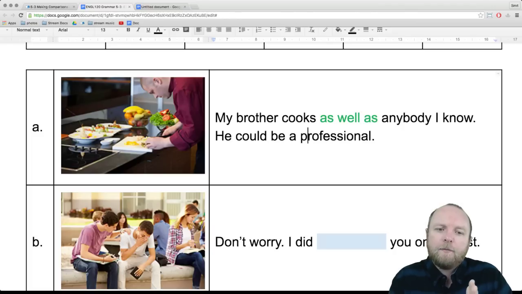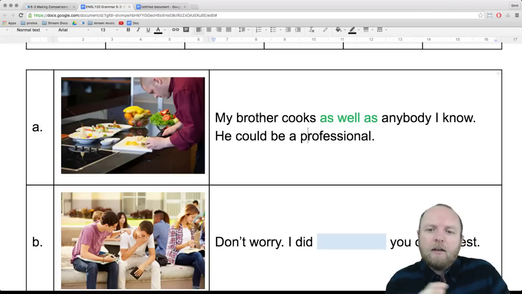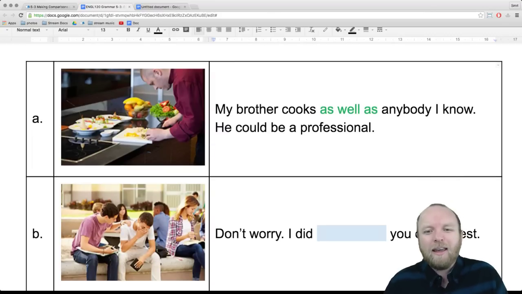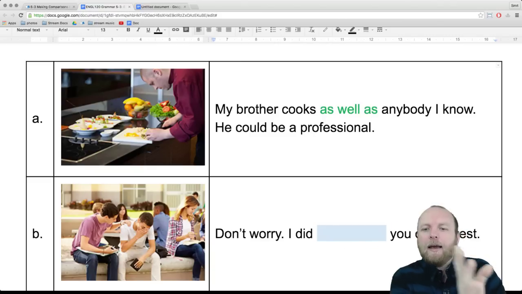Okay, so I'm going to disappear from the screen, and you guys please just write your answers in the comments. What can we say? Don't use not. Just as something as. Please practice this.